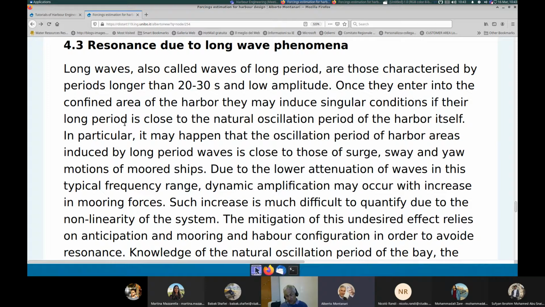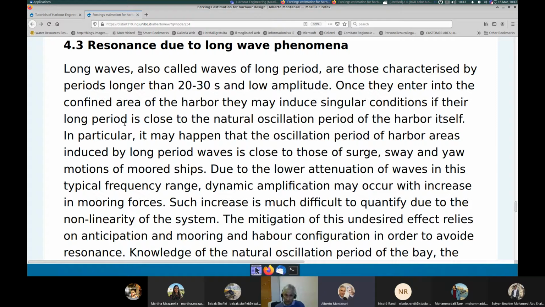And again, the best way to take it into account is through lab experiments. Long waves, which we also identify with the term waves of long period, which is more precise, but we can abbreviate it to long waves, are those characterized by periods longer than 20-30 seconds.